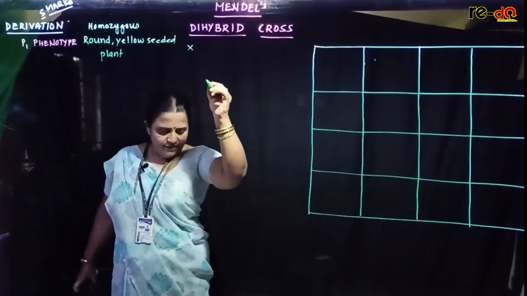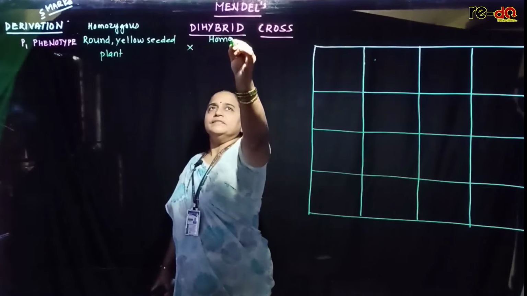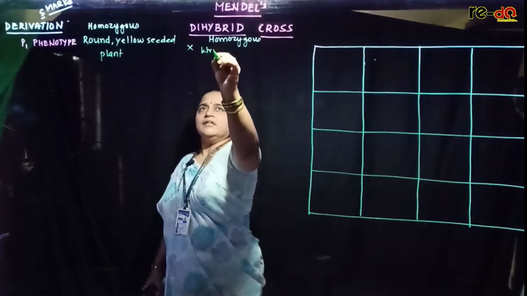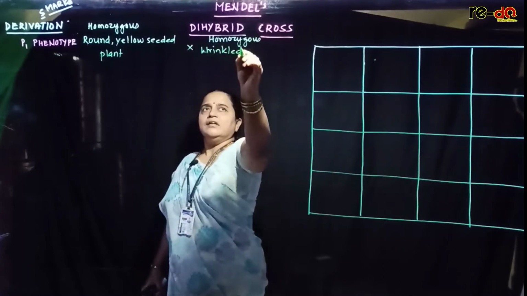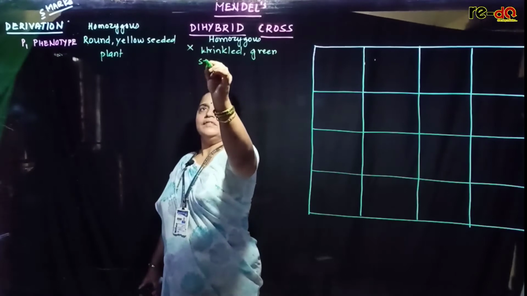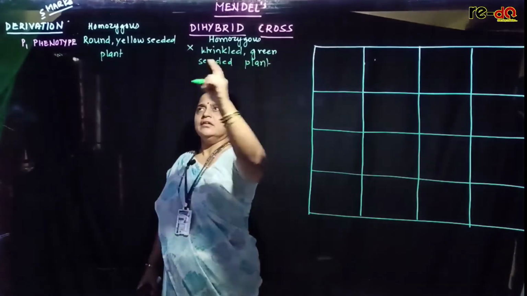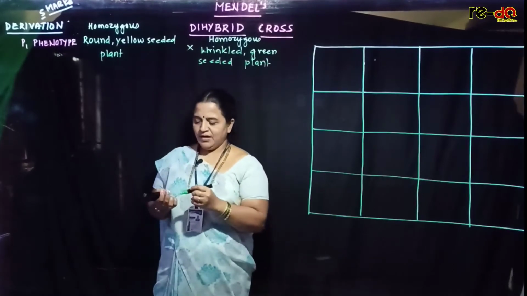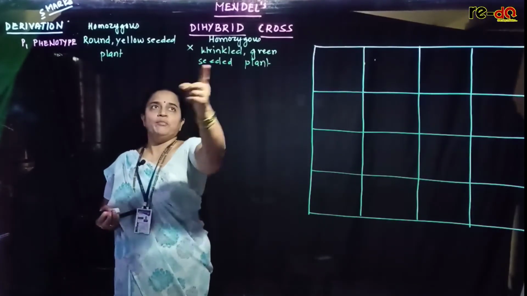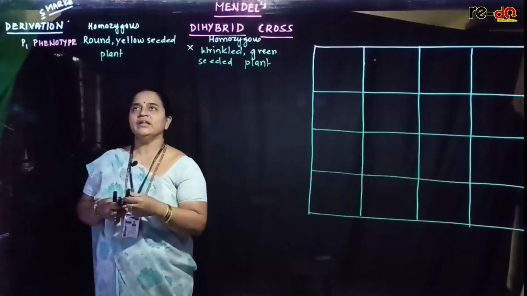It is hybridized with a homozygous wrinkled green seeded plant. So here 2 traits from each plant are considered: shape of the seed, where round is dominant over wrinkled, and color, where yellow is dominant over green.